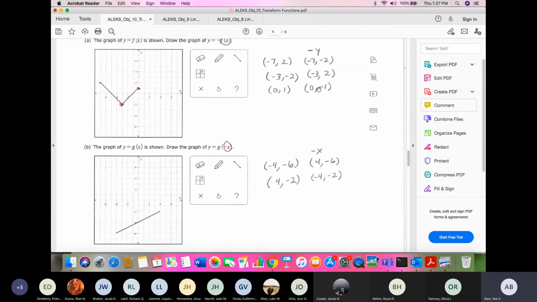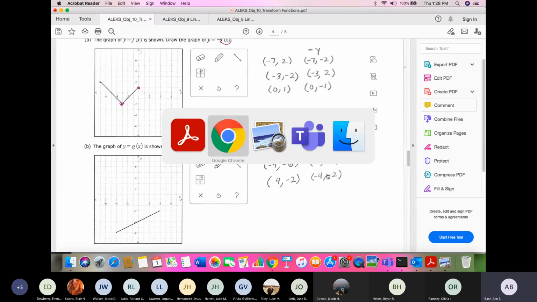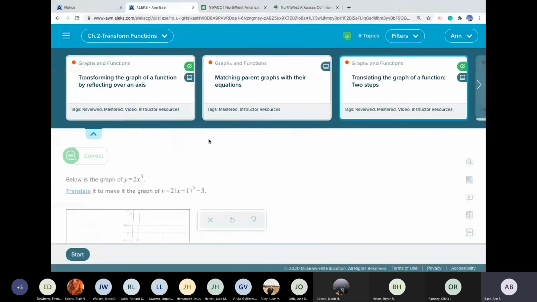So you would just want to plot these newbies. Here, you want to plot the newbies, and here you want to plot the newbies and connect the dots from left to right. So let's go back into ALEKS and do this particular problem.